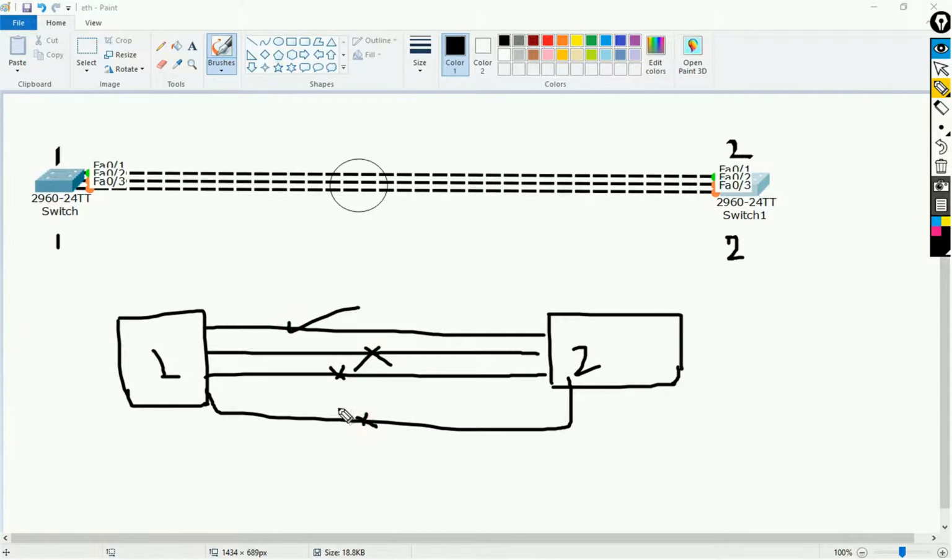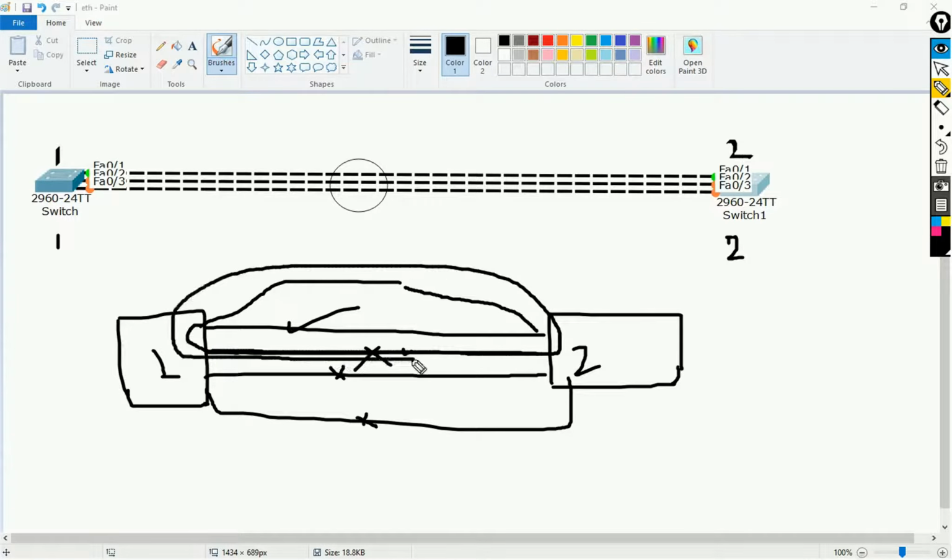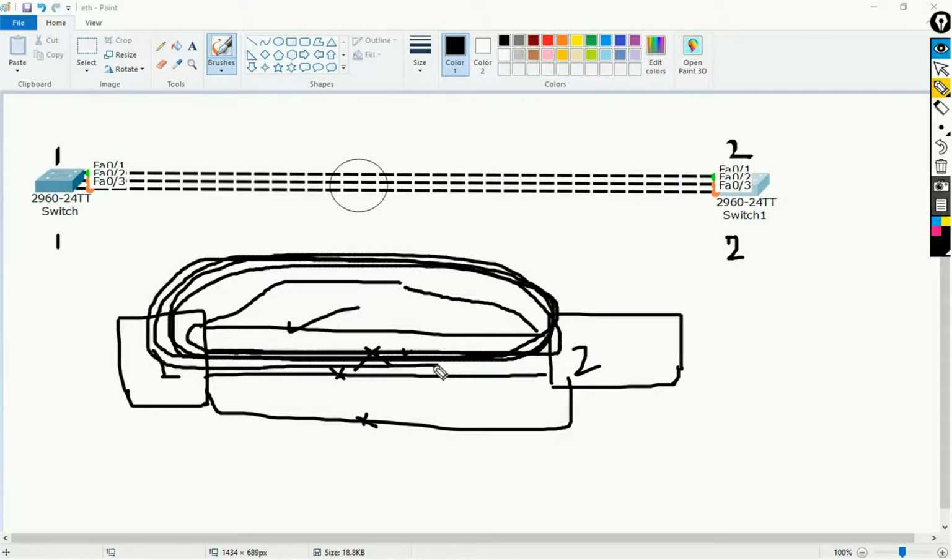The reason is that if the first link also works and the second one also works, and data is forwarded from 2 to 1 from this port, and again the data can be forwarded from this port to this port, there will be broadcast flooding, or unicast flooding.